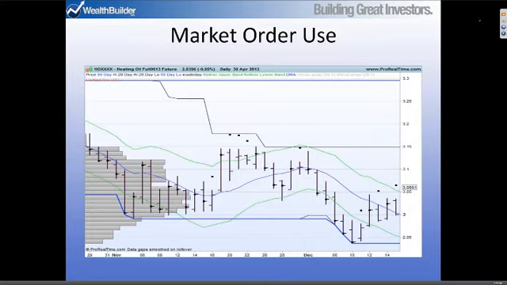In other words, go past your entry point, and you'd be unable to get into the trade because then you'd be chasing it. So you could use a market order to quickly enter the trade. So that's another use for market orders.